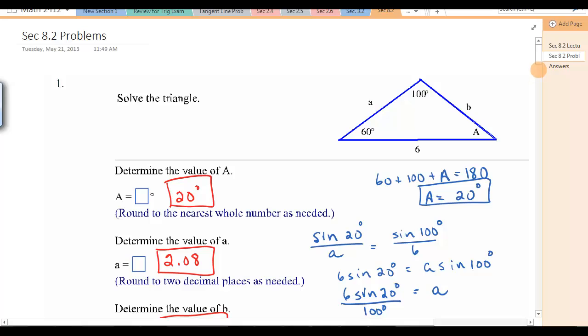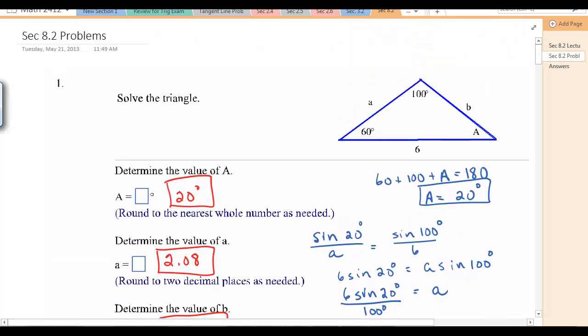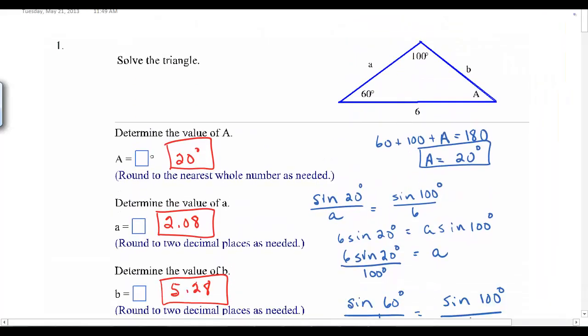All right, so we have this triangle. We're given 60 degrees here, 100 degrees here. This would be A, this would be B, and this would be C. For the value of angle A, we say 100 plus 60, subtract that from 180, and we get 20.